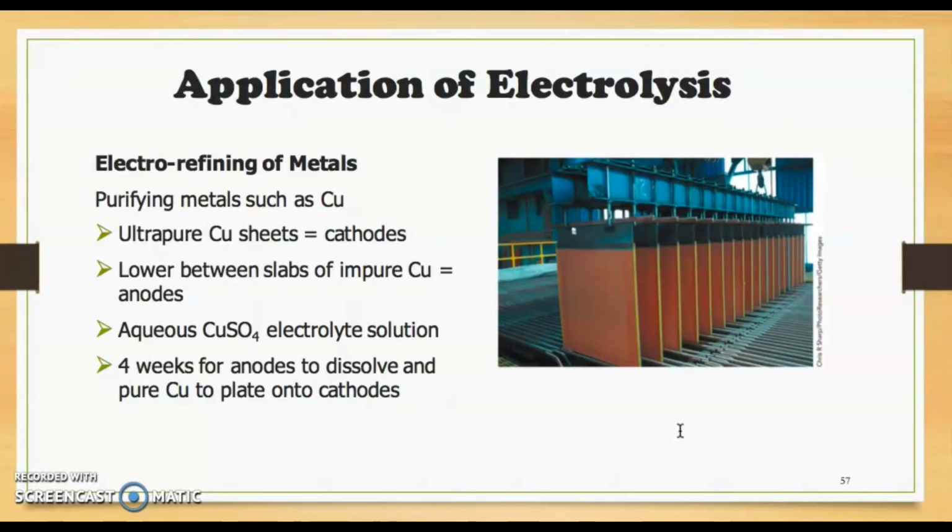This is the application of electrolysis, electro-refining of metals, purifying metals such as copper, ultra pure copper sheets. This is the cathodes, in between are slabs of impure copper as anodes, in aqueous copper sulfate electrolyte solution, for weeks for anodes to dissolve, and pure copper to plate onto cathodes.